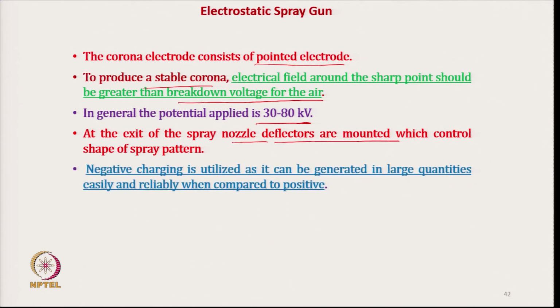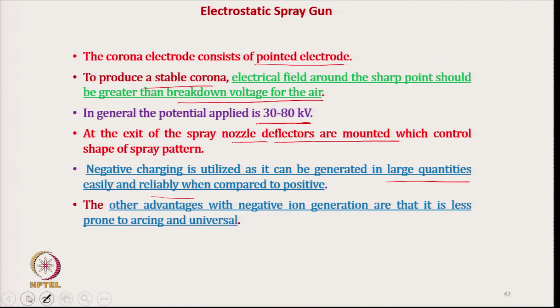So, negative charge is used here because it can be generated in large quantities, easily and reliably, compared to positive. The other advantages of negative ion generation are that it is less prone to arcing and it is universal.